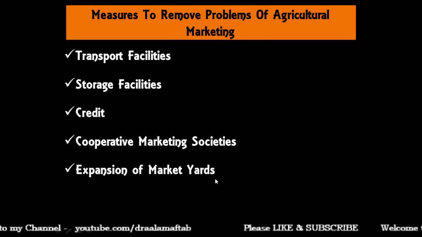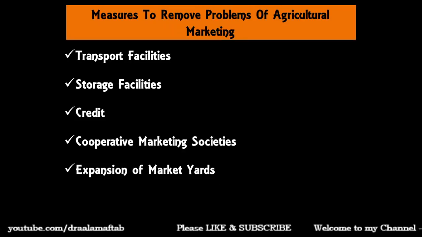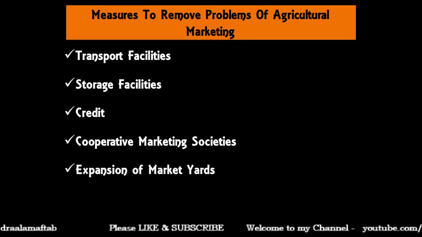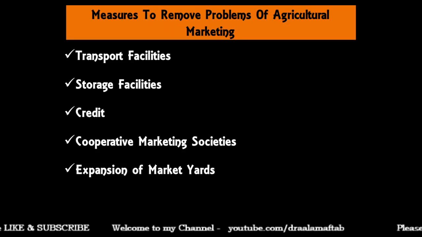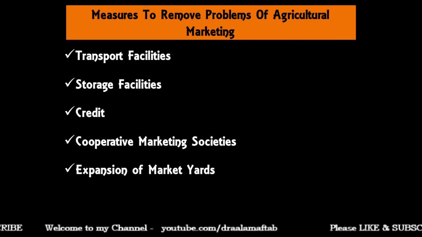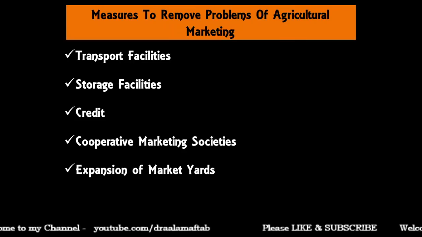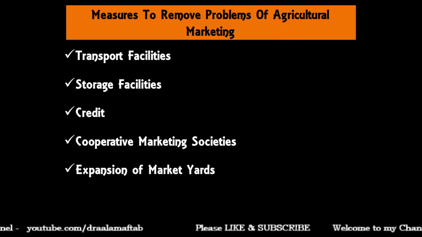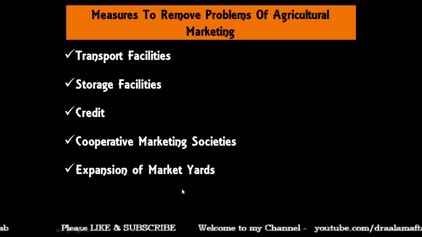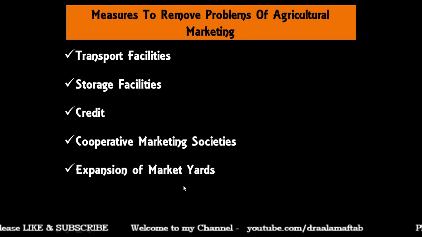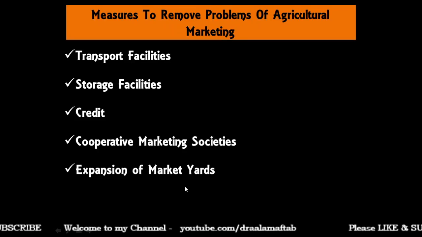This must be supported by a corresponding expansion of ancillary facilities in the various existing markets, and setting up new markets and market yards for handling the significant increase in market arrivals, the commodities which are coming to the market, particularly in those areas where green revolution has occurred.